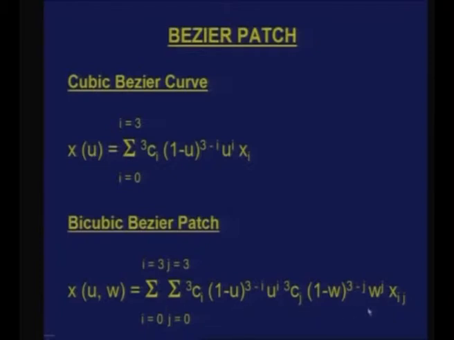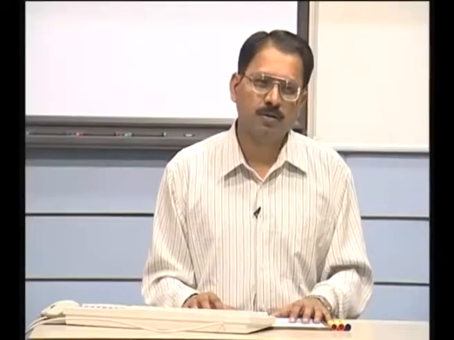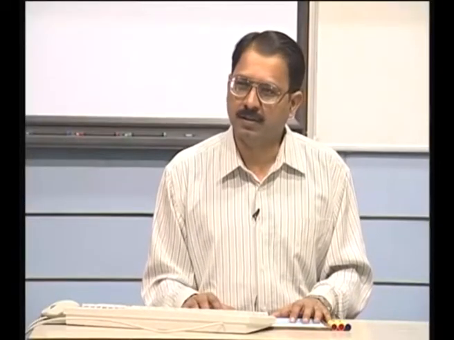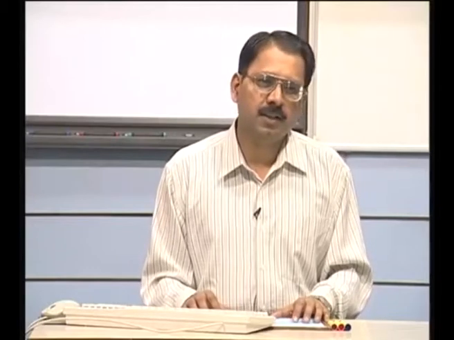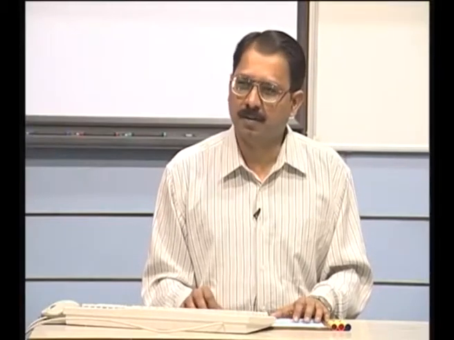So, 4 into 4, a total of 16. How convenient it is to extend the definition from curves to surfaces is clearly evident from an example like this. Many of the properties which we discussed for Bezier curves are also valid for Bezier surfaces. Like in the case of a Bezier curve, the curve passes through the first and last point.